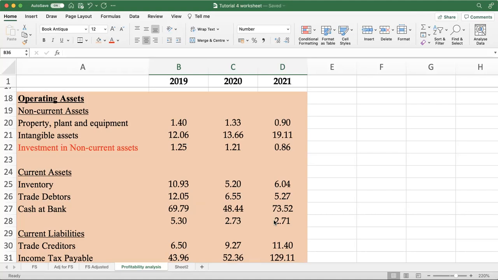So you don't need to interpret all these turnovers. You pick the important ones. Now, if you see intangible assets turnover, you see it has been increasing. Why has it been increasing?